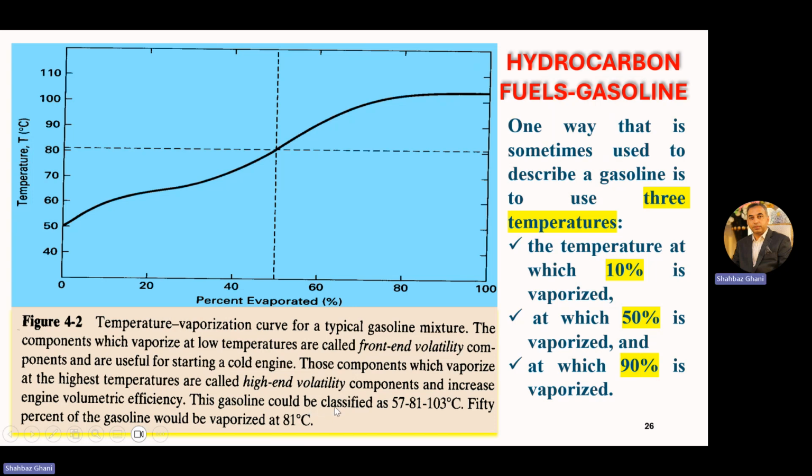This gasoline could be classified as 57, 81, 103 degrees Celsius. 50% of the gasoline would be vaporized at 81 degrees C. Let's see the graph. On the x-axis, we have percentage evaporation from 0 to 100. On the y-axis, we have temperature from 0 to 110 and above.